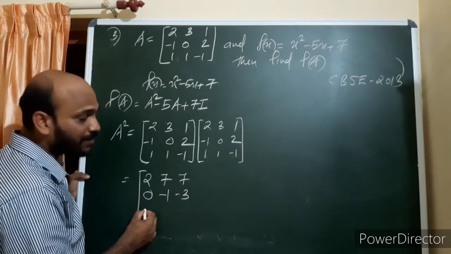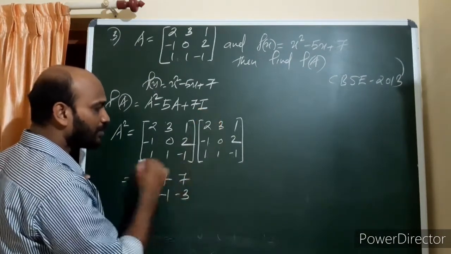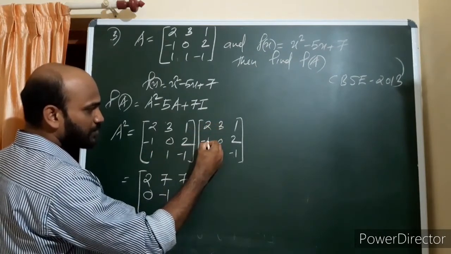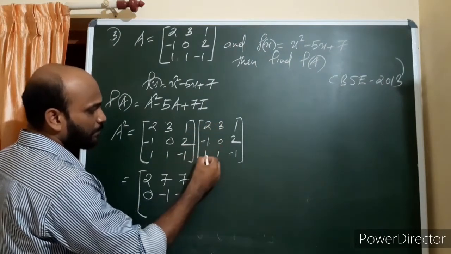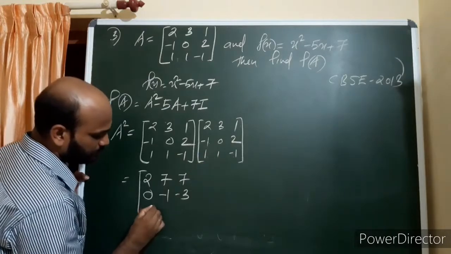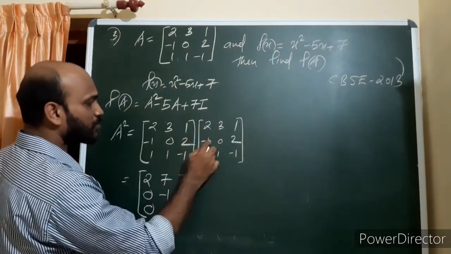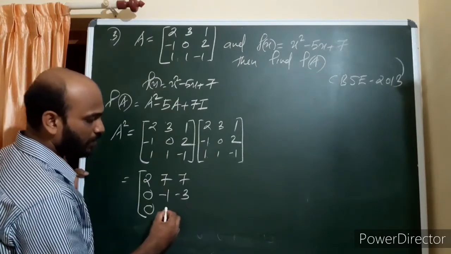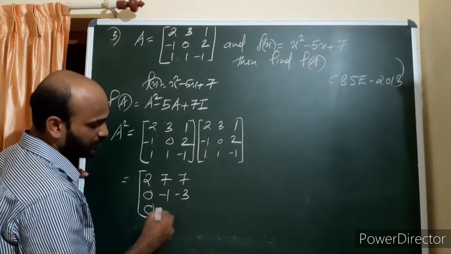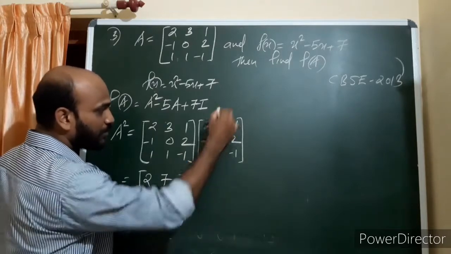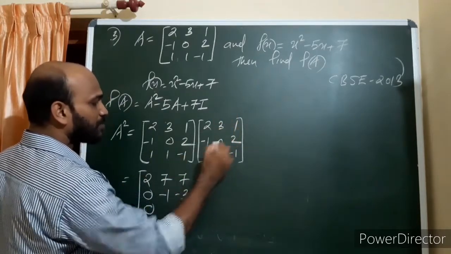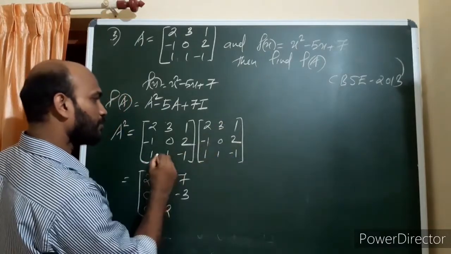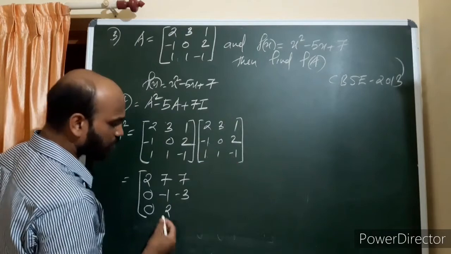Then this one is A31, third row, first column. 2 minus 1, that is 1, minus 1, 0. Okay, now this is A32: 3 plus 0 minus 1, that is 2.